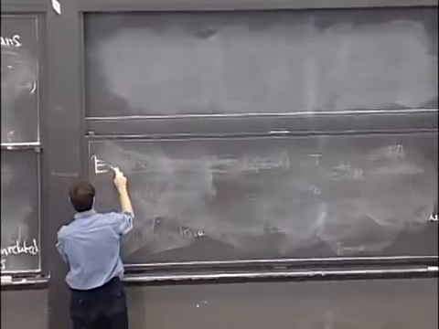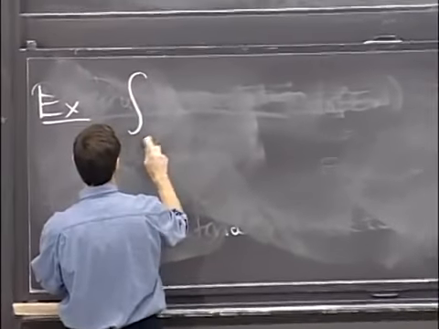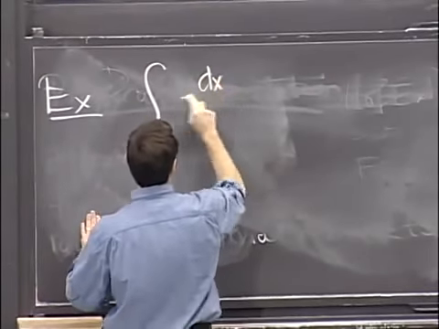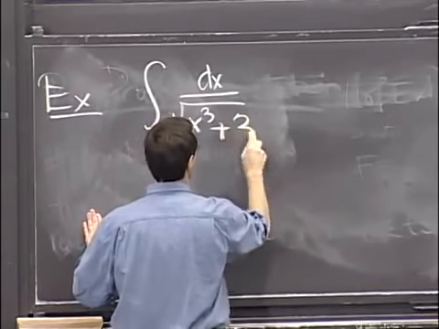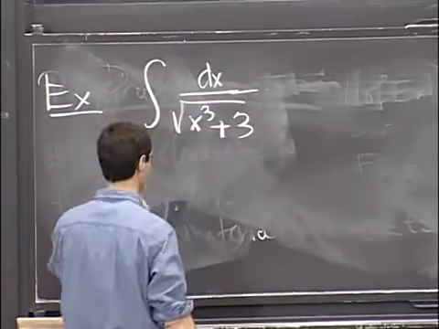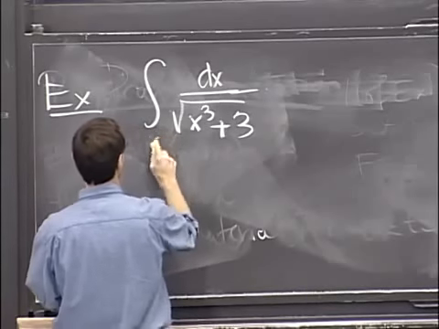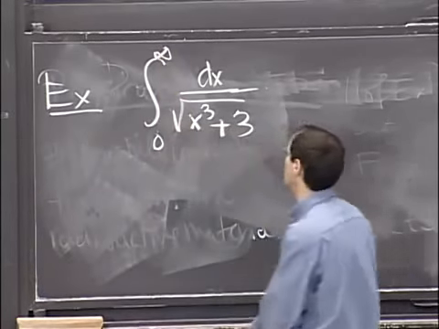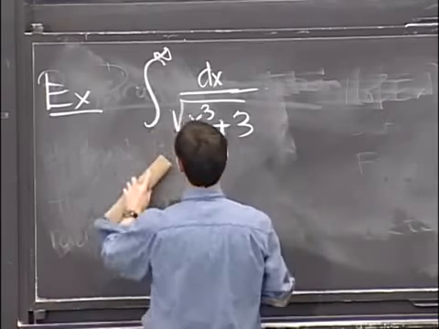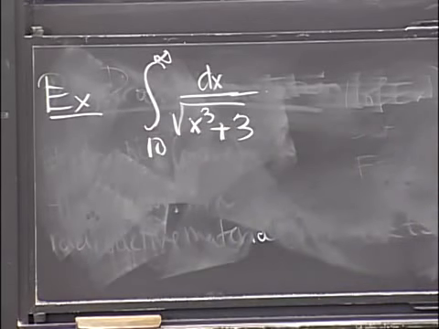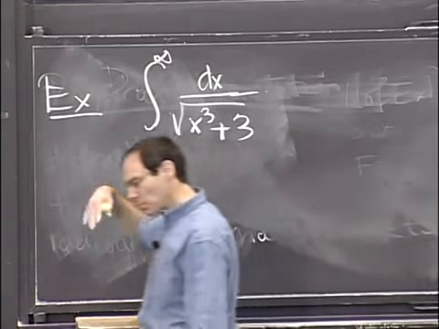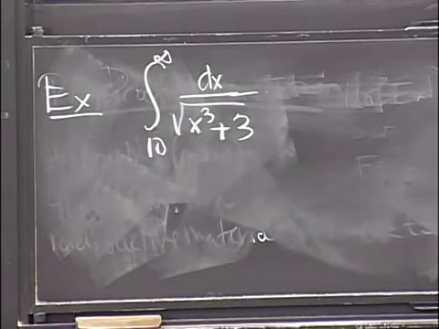So here we have another example. We'll take the integral dx over the square root of x cubed plus 3, let's say, for the sake of argument, from 0 to infinity. Let's make it 10 to infinity, whatever. Now, this one is problematic for you. You're not going to be able to evaluate it, I promise.